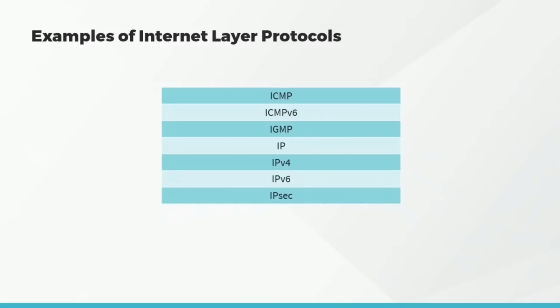Now, we'll actually compare those two in an upcoming demonstration, but for the time being, it's certainly safe to say that version 4 is very heavily used still, although version 6 is the newer and more efficient implementation. Again, we'll talk about both of those in much greater detail a little bit later on. And IPsec is to secure IP.